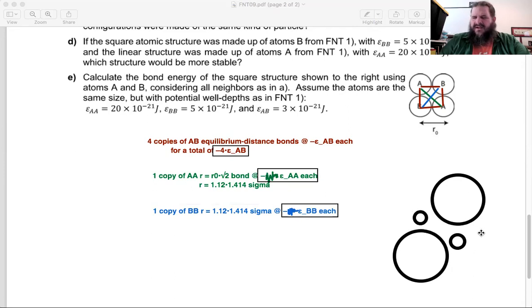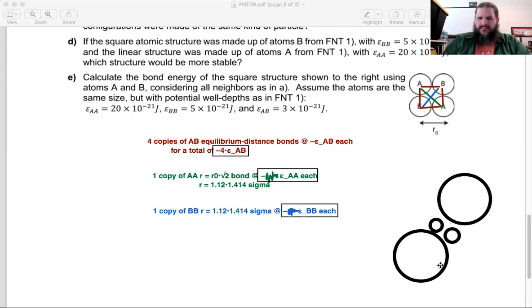And I think exactly how they're structured is largely going to depend on which bonds are weaker versus stronger. Because for instance, if the A atoms have a very strong bond, then they're going to be attracting each other, and the B atoms are going to get shoved further out. So maybe something more like this.